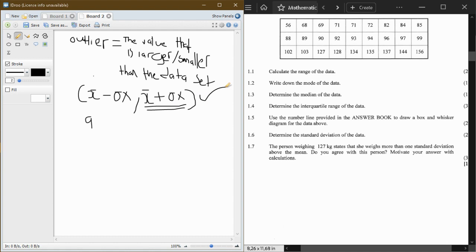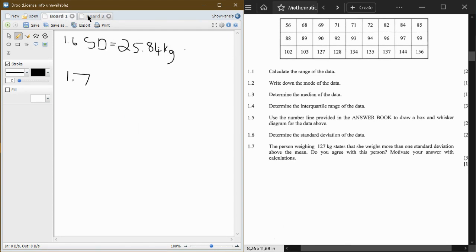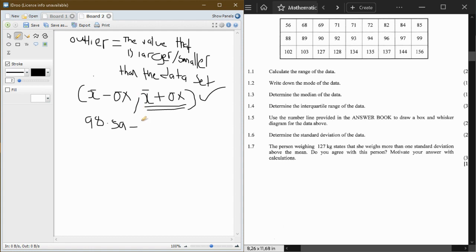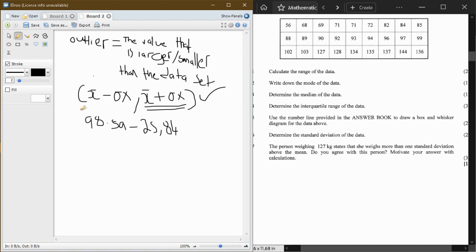So it's 98,59 minus our standard deviation, 25,84.